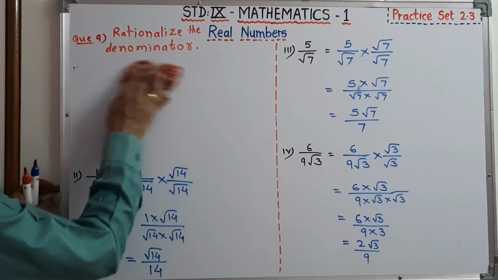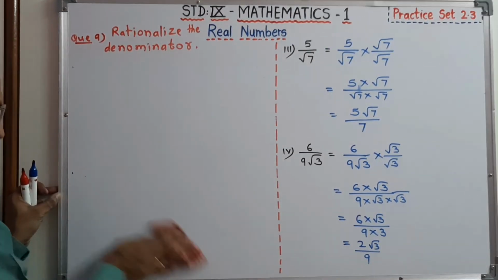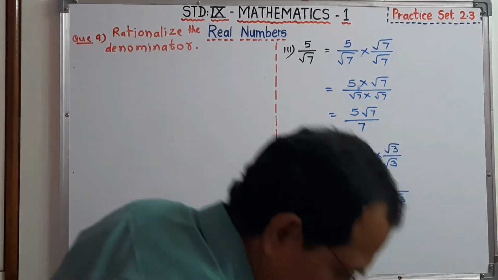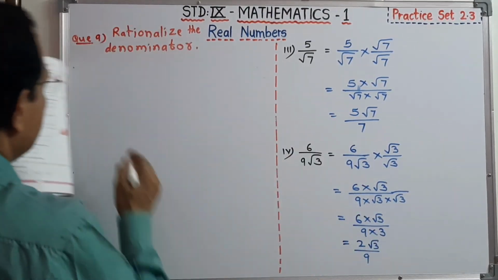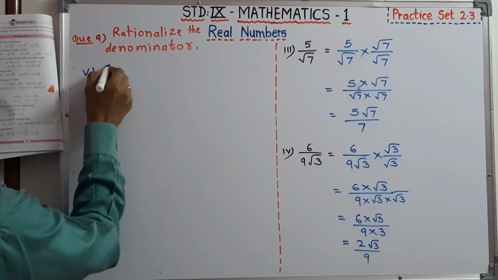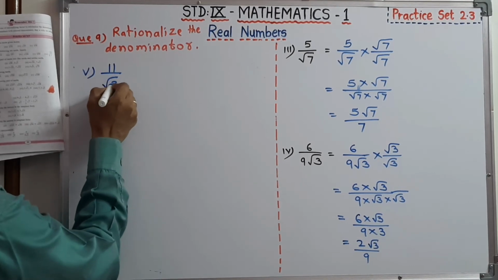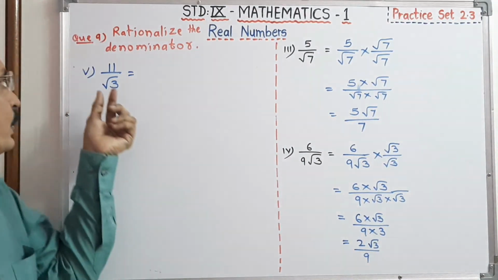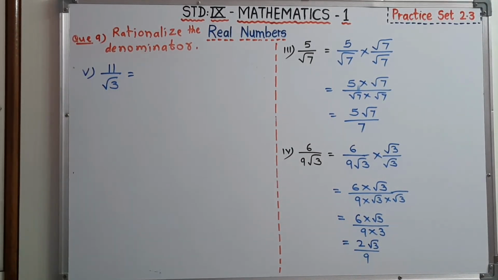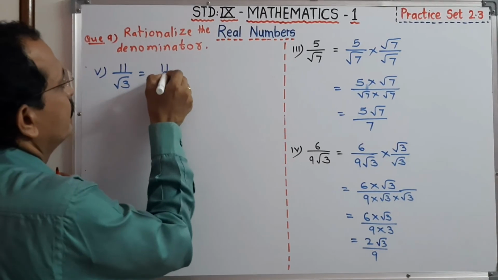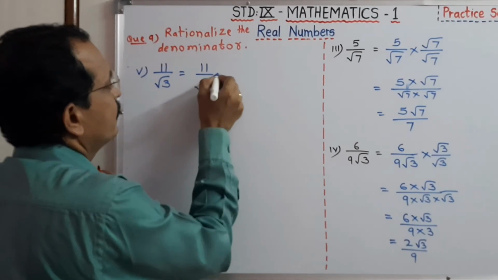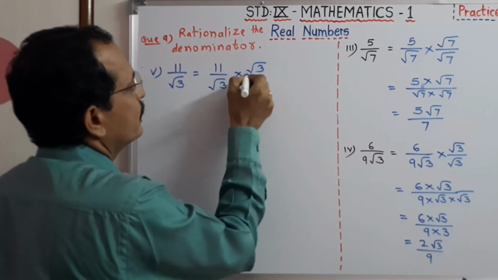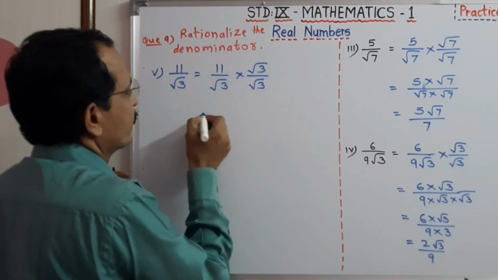Now see the last one is there. It is, I think, very easy. All of you can solve this very easily. It is 11 upon root 3. 11 upon root 3 into root 3 upon root 3.